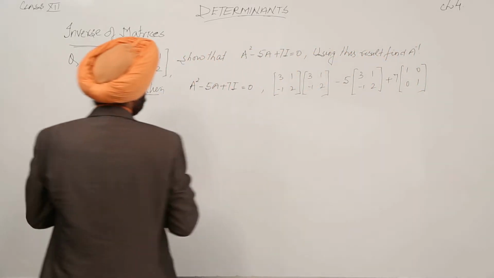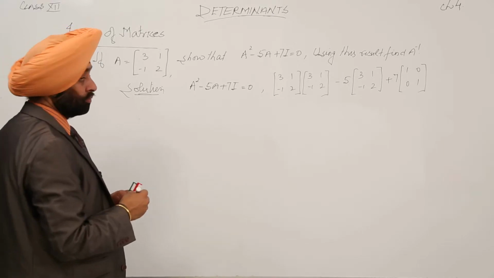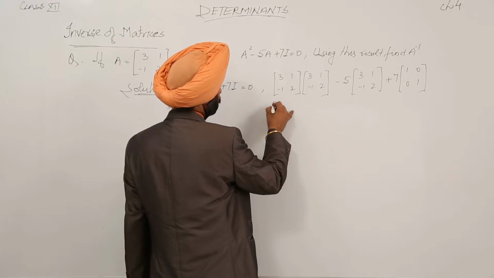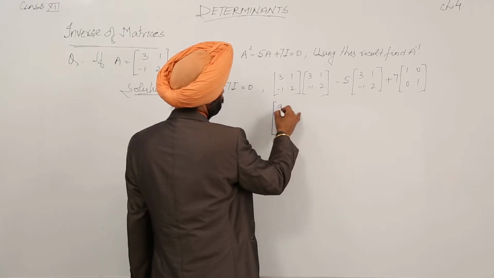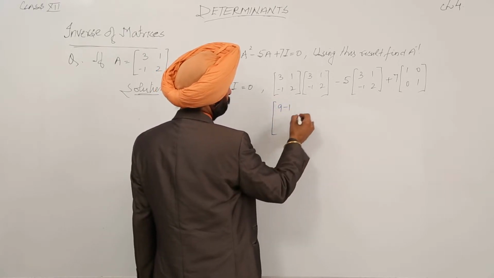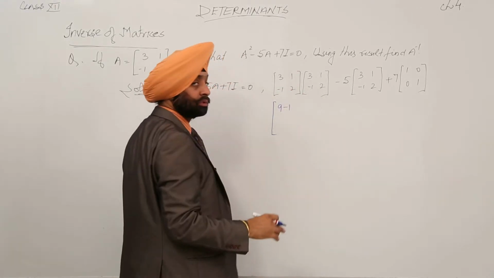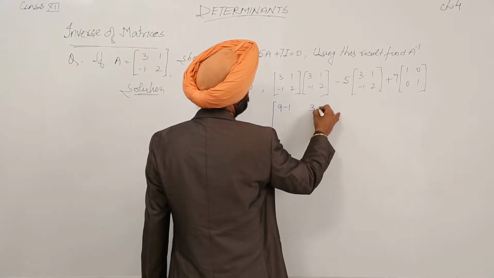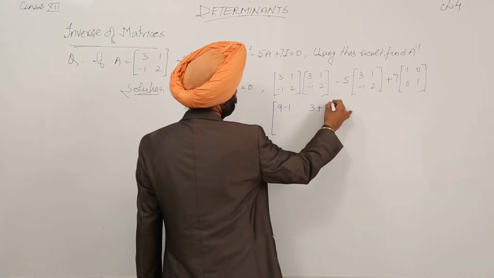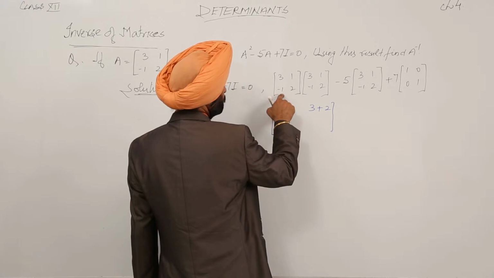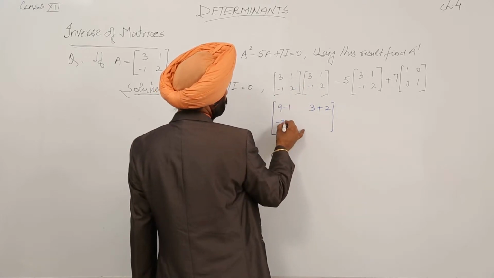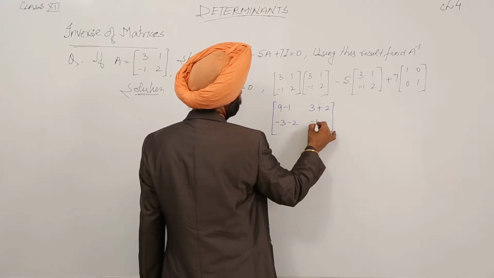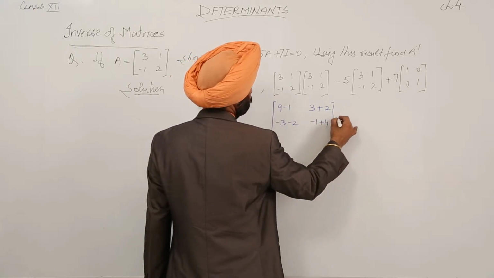Now let's solve it. First of all, let's find the square. 3 times 3 is 9, minus 1, 3 times 1 is 3 plus 2, then minus 1 times 3 is minus 3, minus 2, and minus 1 plus 4.